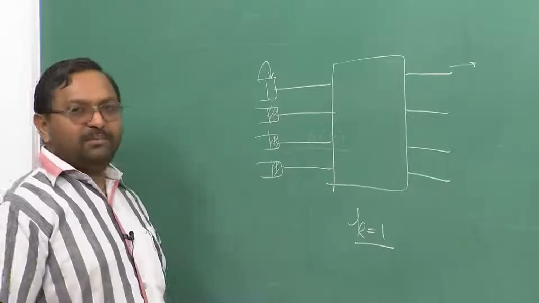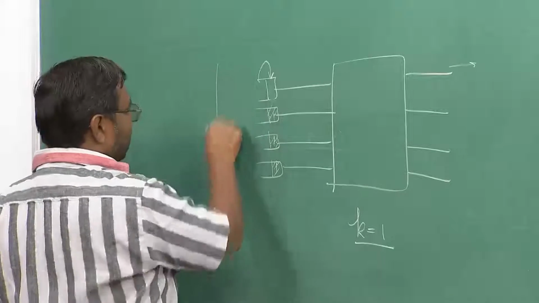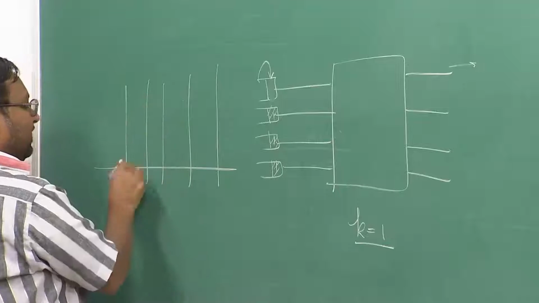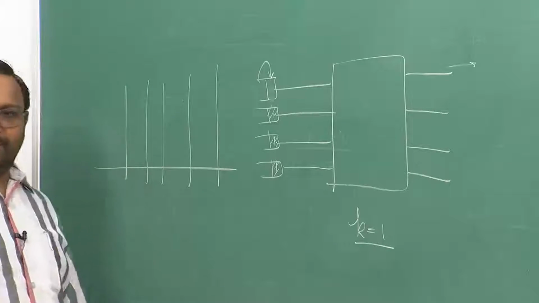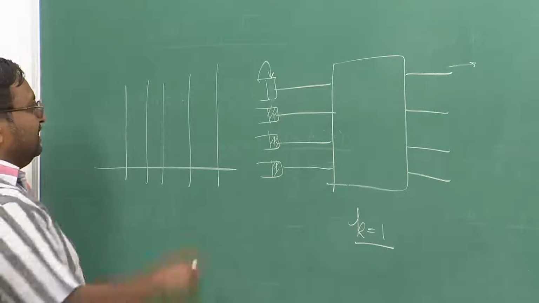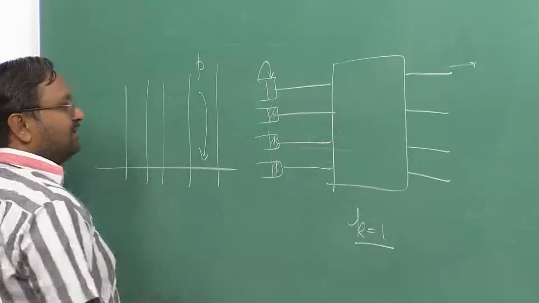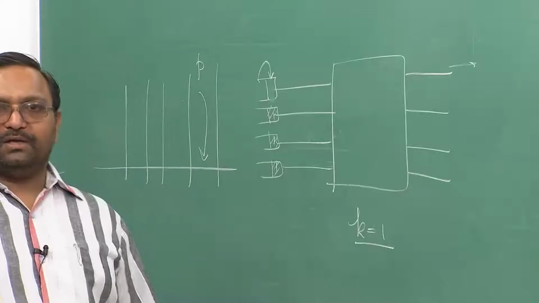The control variable for this switch is the probability that a packet is going to arrive. Remember, your time is slotted, there are many slots, and in every slot a packet may or may not come for an input. So, I define the probability that a packet arrives in a time slot for an input as p.